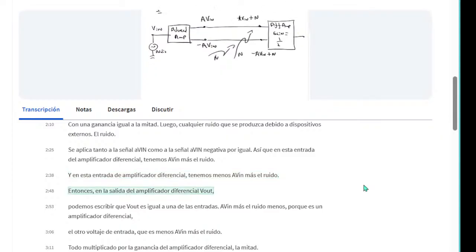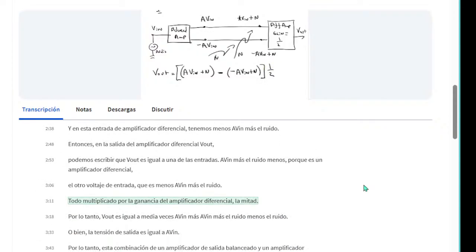So then at the output of the differential amplifier, Vout, we can write that Vout is equal to one of the inputs, A Vn plus the noise, minus, because it's a diff amp, the other input voltage, which is minus A Vn plus the noise, all times the gain of the diff amp, 1/2.